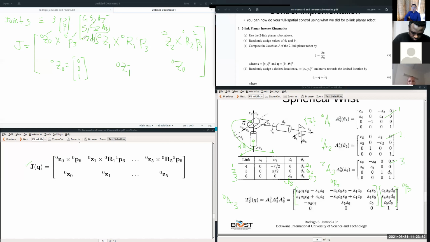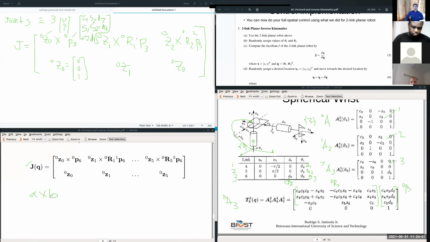So how do we compute the cross product? Okay, so when A cross B, for example, how do we compute that?